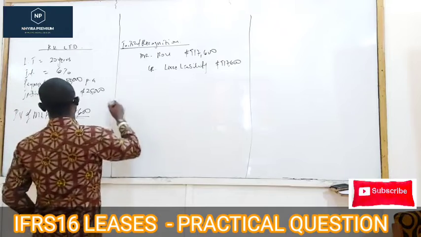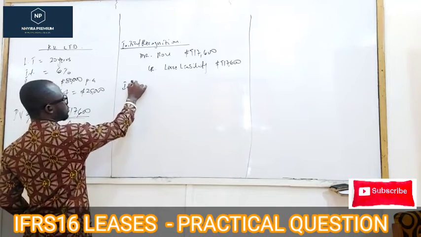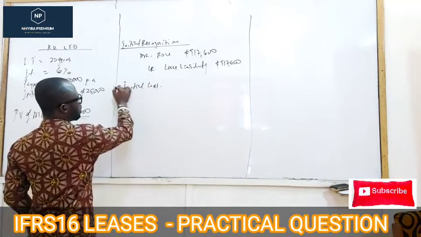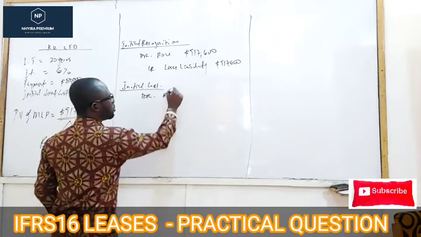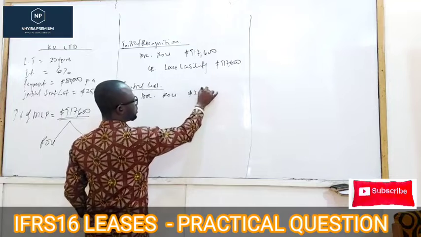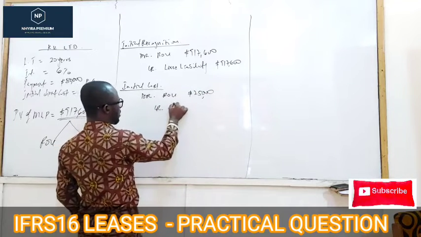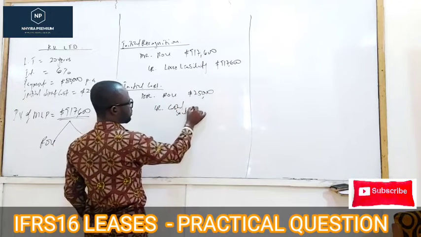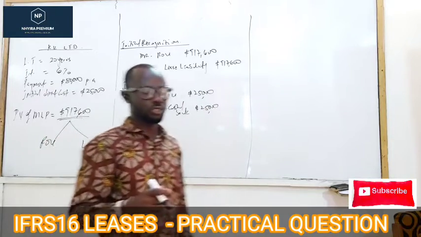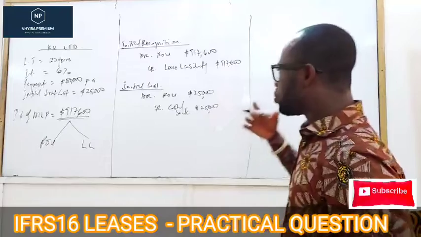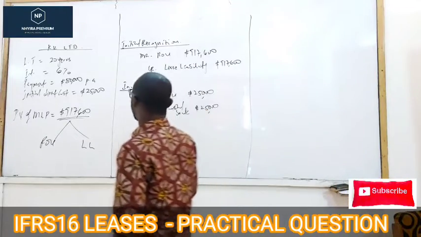Then we come to the initial cost. The treatment of the initial cost is that we're going to be debiting the right of use with $25,000, and certainly we credit our cash or bank with $25,000. Make sense? Good. So what does that mean then?